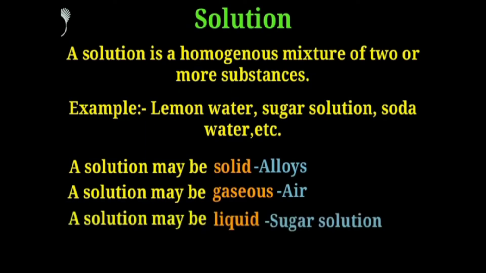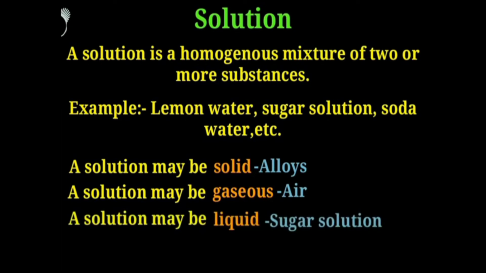Now comes the solution. I hope you are clear with the concept of elements and compounds plus impure substances, meaning you are clear with pure and impure substances. Now comes the solution. A solution is a homogeneous mixture of two or more substances.